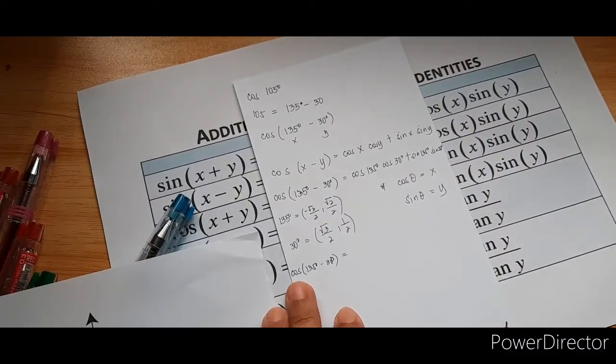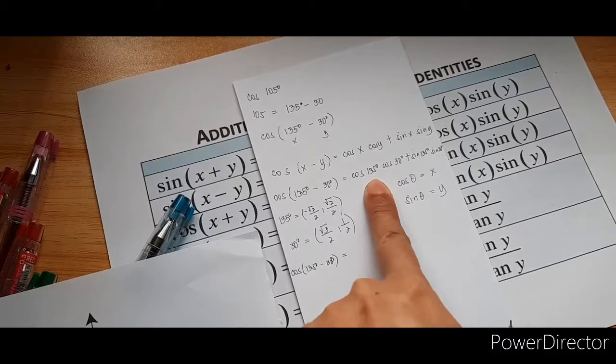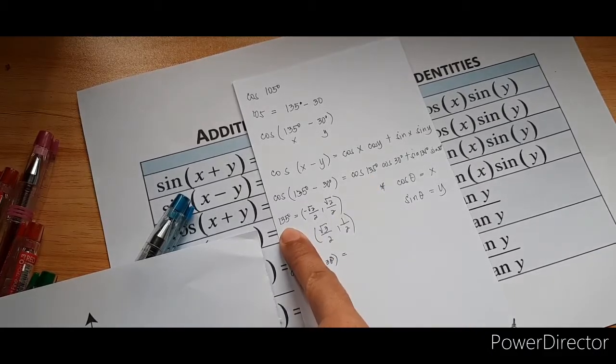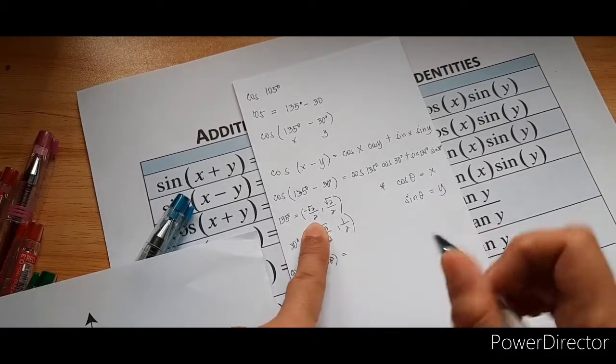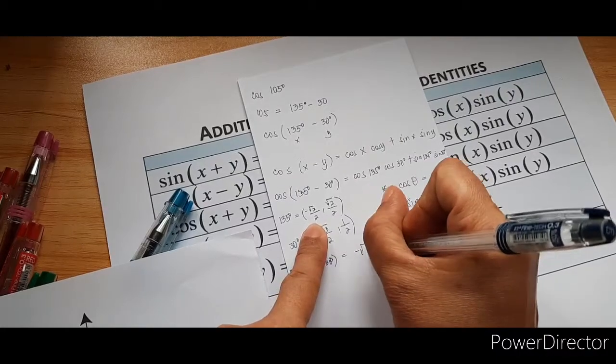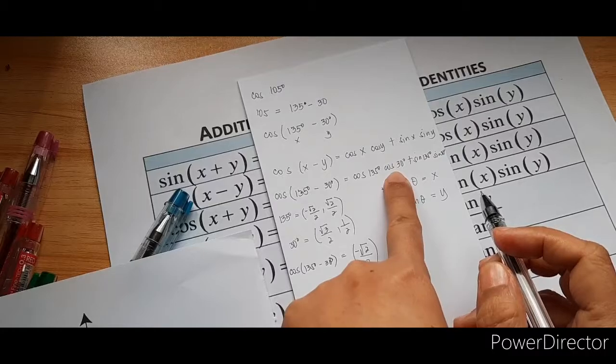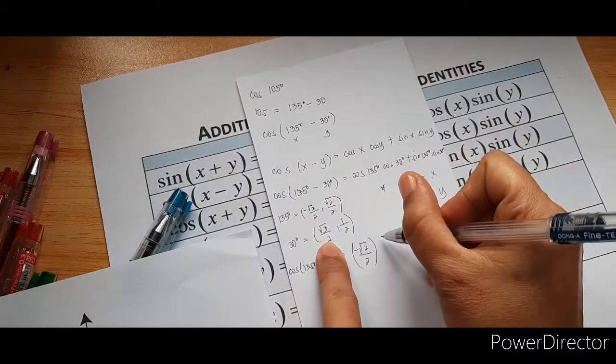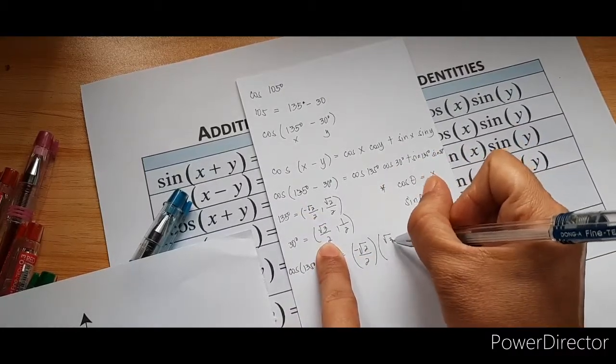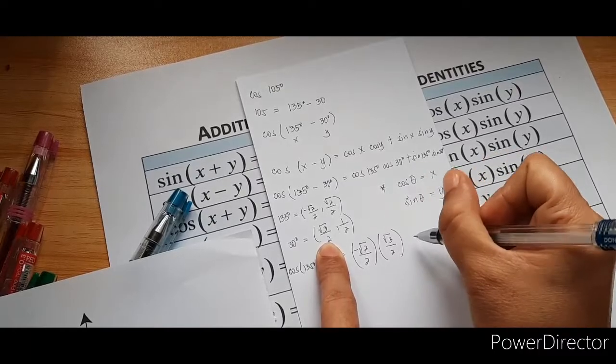Okay? So, cosine 135. So, ayun yung 135 natin. Ang x natin ay negative square root of 2 over 2, times cosine 30. Ang cosine 30 natin ay square root of 3 over 2.